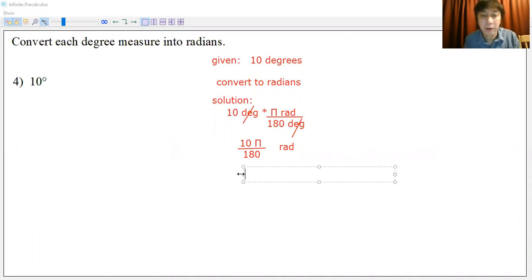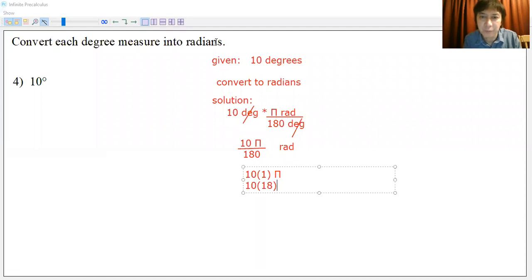If you're going to factor this, this is 10 times 1 times pi, and below, you have 10 times 18. Those are the numbers for 10 and 180.